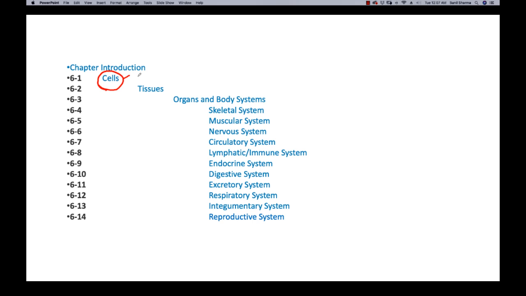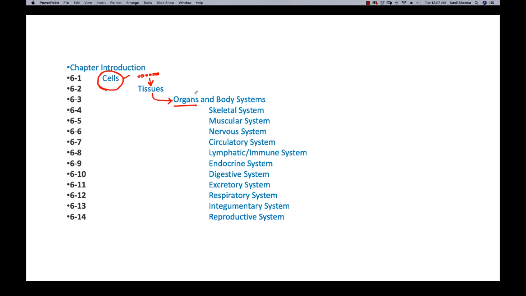These cells join together, and as they join together, they form very specific tissues. For example, tissues of the heart, tissues of the lungs, tissues of various parts of our body. These tissues become layered and then form organs.